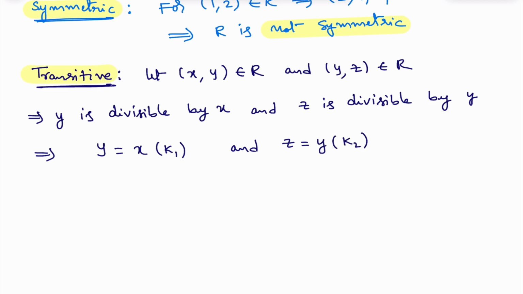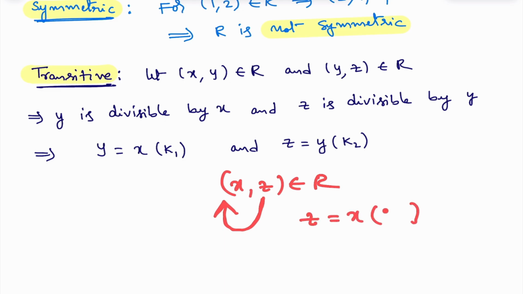Now what I need to look at is whether x comma z is in the relation or not. When can I say x comma z is in the relation? When z is divisible by x. When can I say z is divisible by x? If z can be written as a multiple of x, x into some integer. If z can be written as x into some integer, then I can say that z is divisible by x.